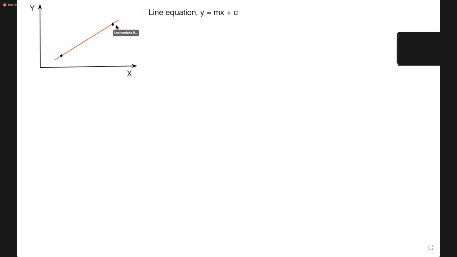Now we have the starting point and ending point. So in this type of equation, what we can see is that if you have given some kind of x value, suppose here we have x, and at the same time you have y somewhere here.